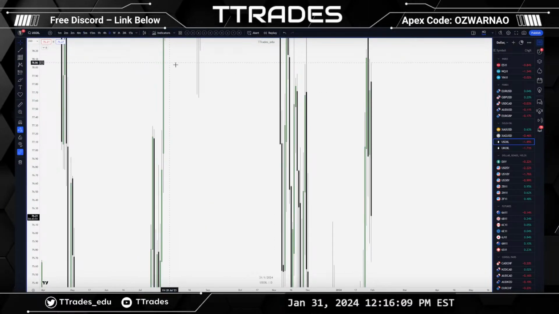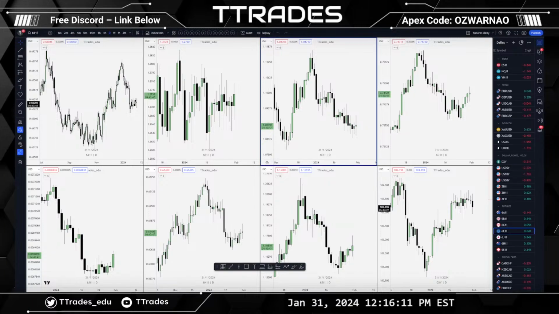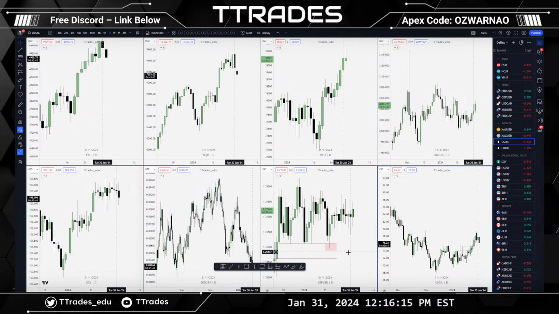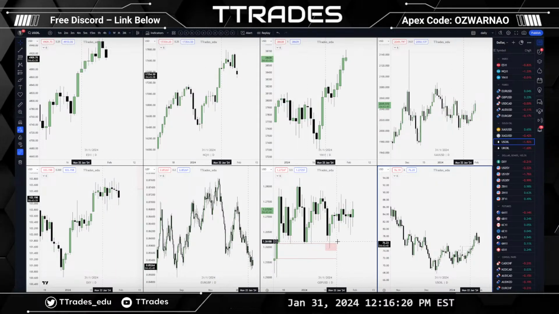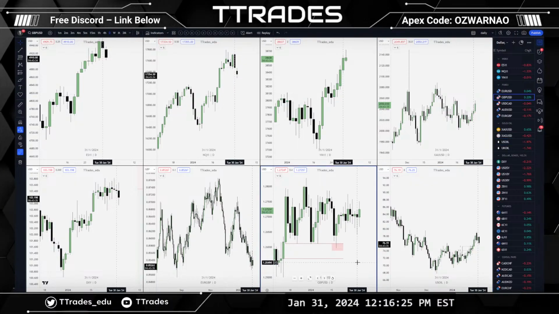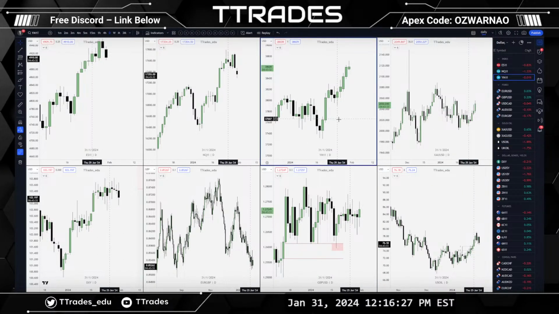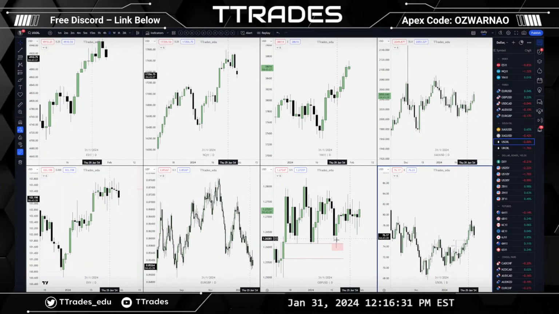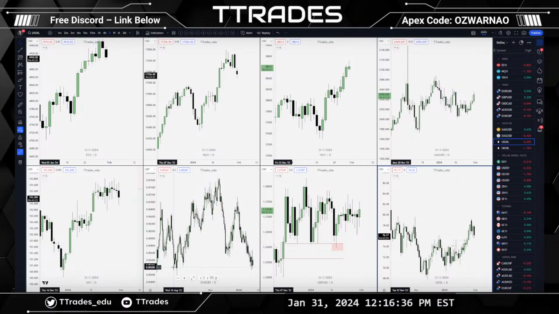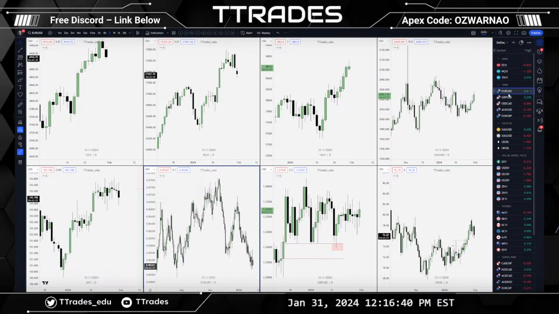But I'm not a huge fan of stuff right now. If you notice in my Discord, the only thing I called out was this GBP right here. But not a fan of price action right now. Oil's been pretty good, but with DXY consolidating, looking at Euro, I don't know why I have EuroGBP there, that's supposed to be Euro.